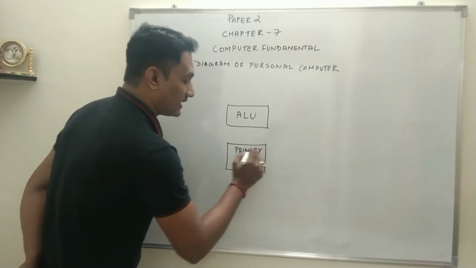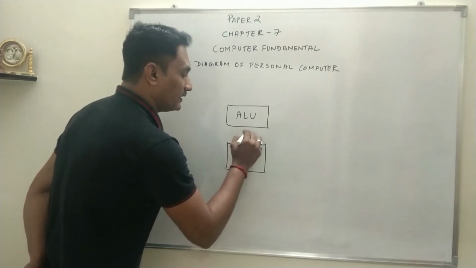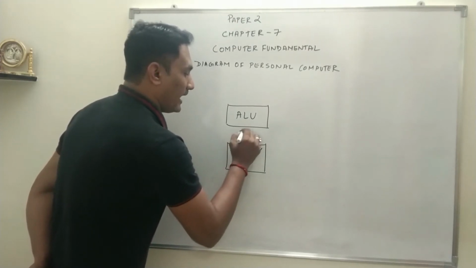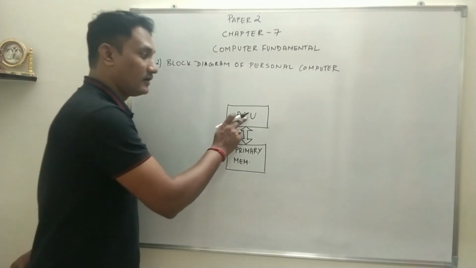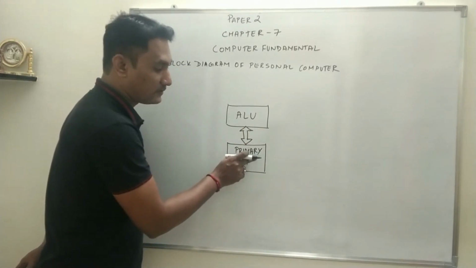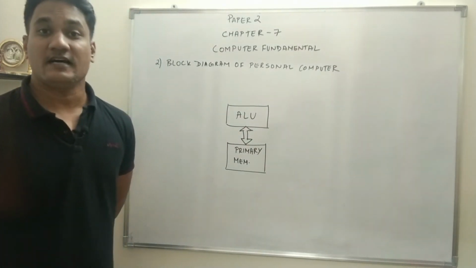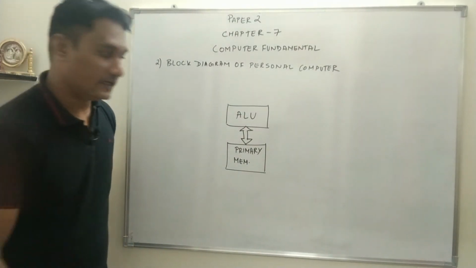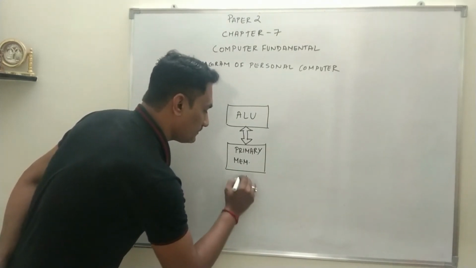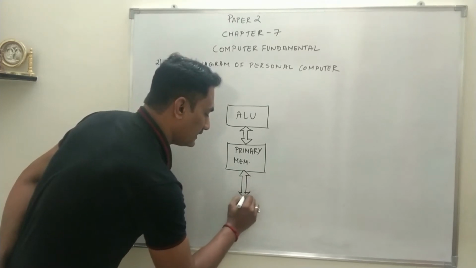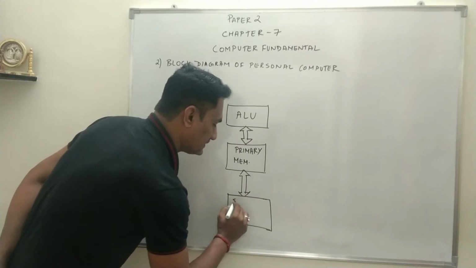All the data which is currently being used is stored in primary memory. So I draw a bidirectional arrow. The bidirectional arrow indicates that the data will go from ALU to primary memory as well as from primary memory to ALU. If the data is not available in the primary memory, then the data has to be retrieved from secondary memory.